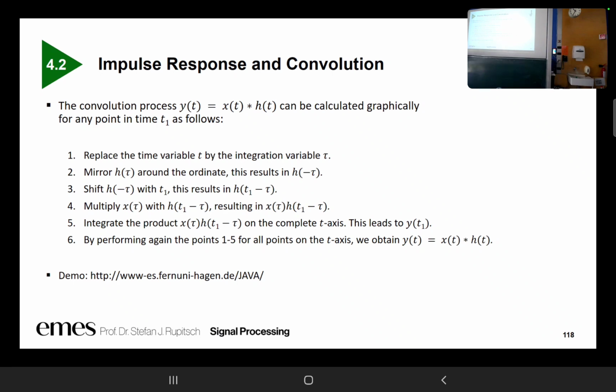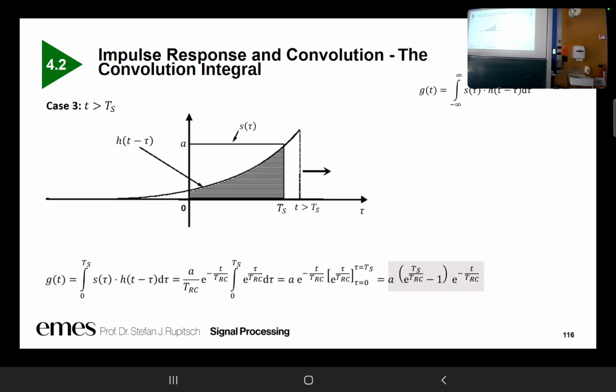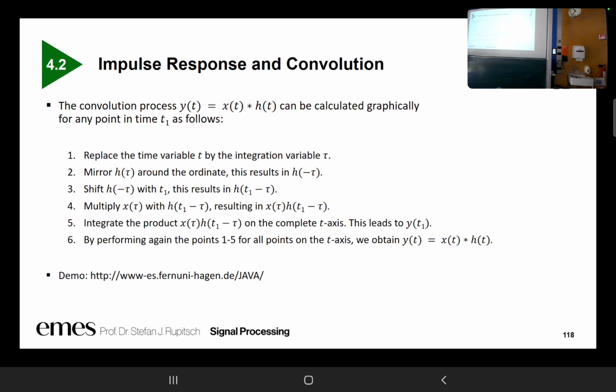Here we have this shift with T1. This results in h(T1 minus tau). We multiply our input signal with this h(T1 minus tau), and this results in this product. We integrate this product on the complete tau-axis. This integration is always the hatched area. And this leads to the output signal at the time step T1.